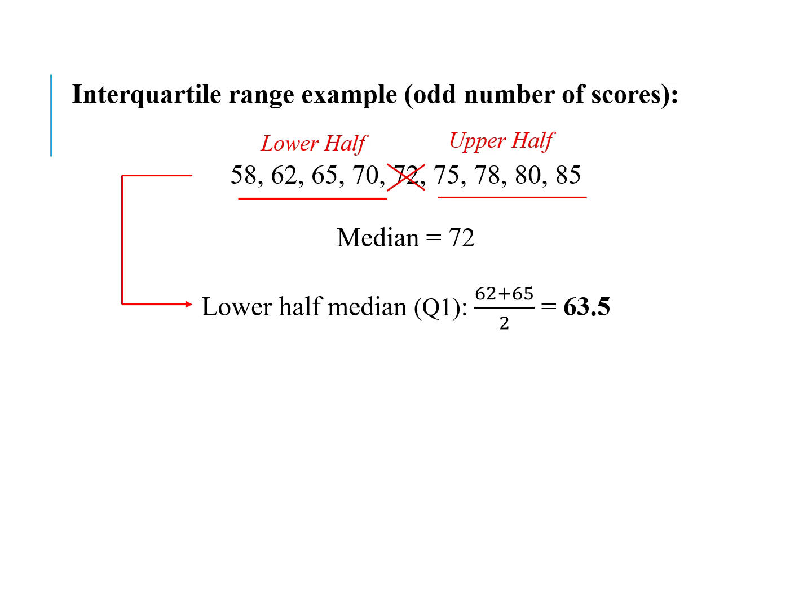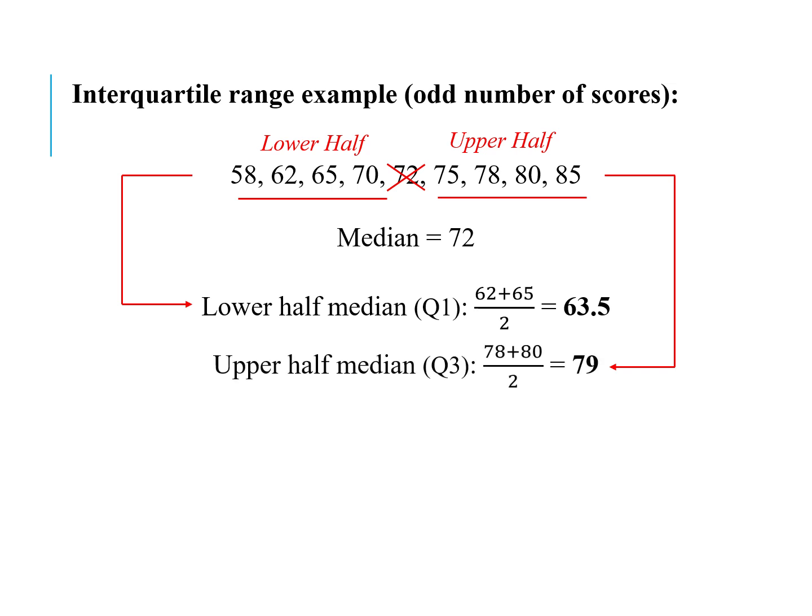And this is our median for quartile 1. Then we are going to do the same thing on the other side. Take those numbers 75, 78, 80, and 85 and find the median, which is 79. This is our quartile 3.